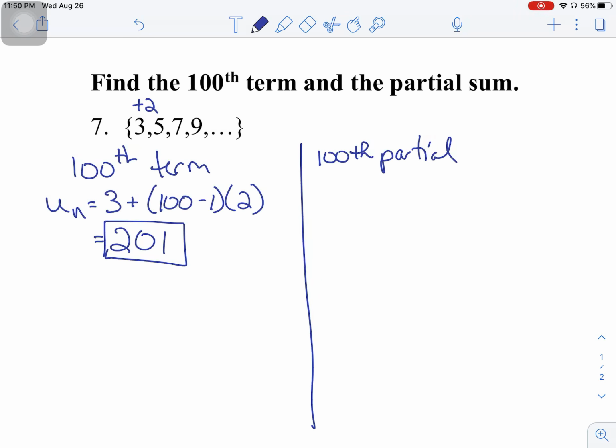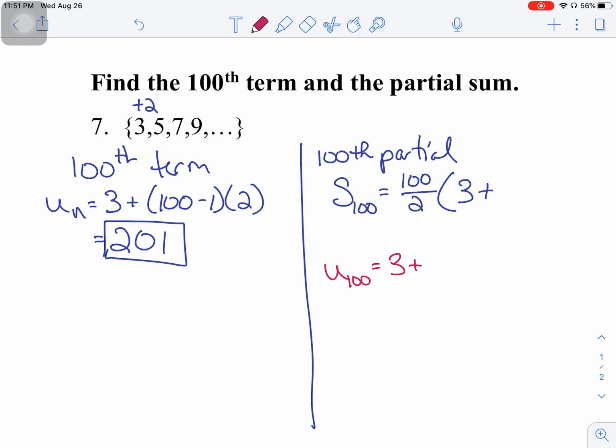Now I want to find the 100th partial sum. So the sum sub 100 is equal to 100 over 2 times my first term, which is 3, plus, I don't have my 100th term. So I'm going to take a break here for just a second, and I am going to find u sub 100 by using the explicit definition.